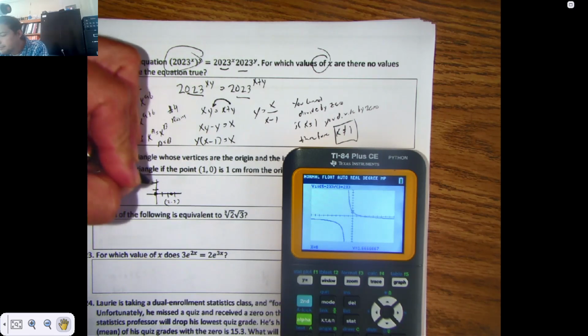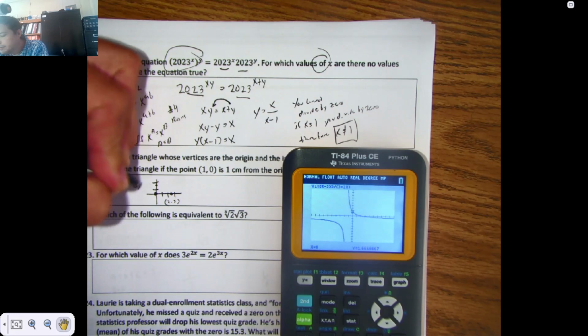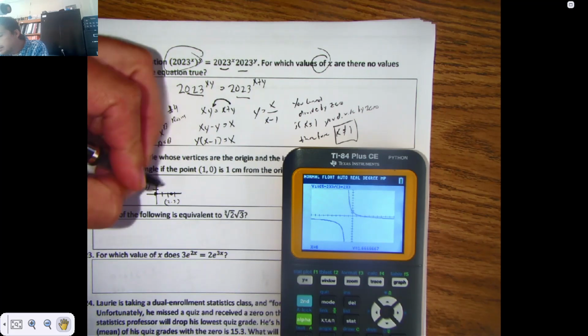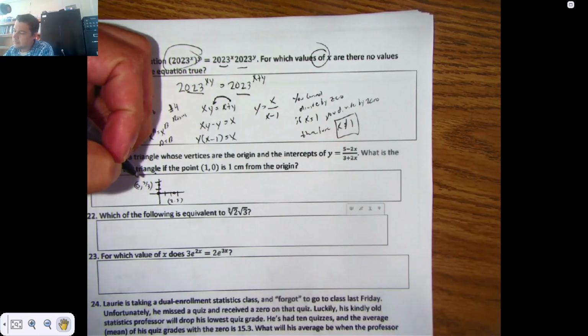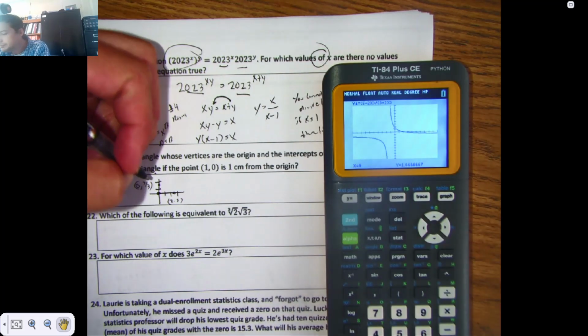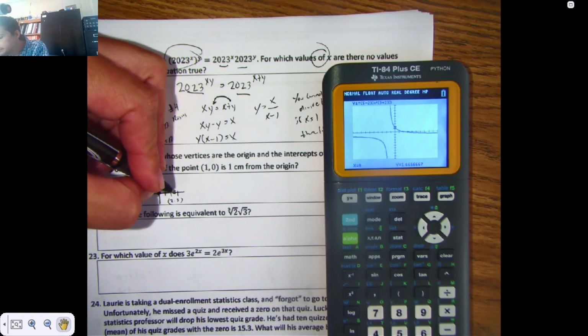That's at 0, 5/3. And they tell us that the point 1, 0 is 1 centimeter from the origin. I don't know why they're telling us that.